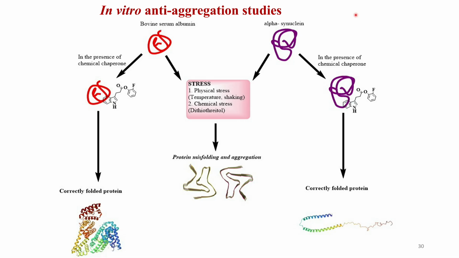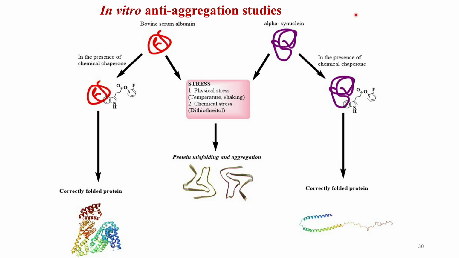For that we will straight away take either amyloid beta peptide or alpha synuclein protein, expose them to the drug molecule, induce aggregation in them and see whether the molecule is actually inhibiting the aggregation or not in vitro. There are other methods also, like we are making a non-specific chaperone molecule.